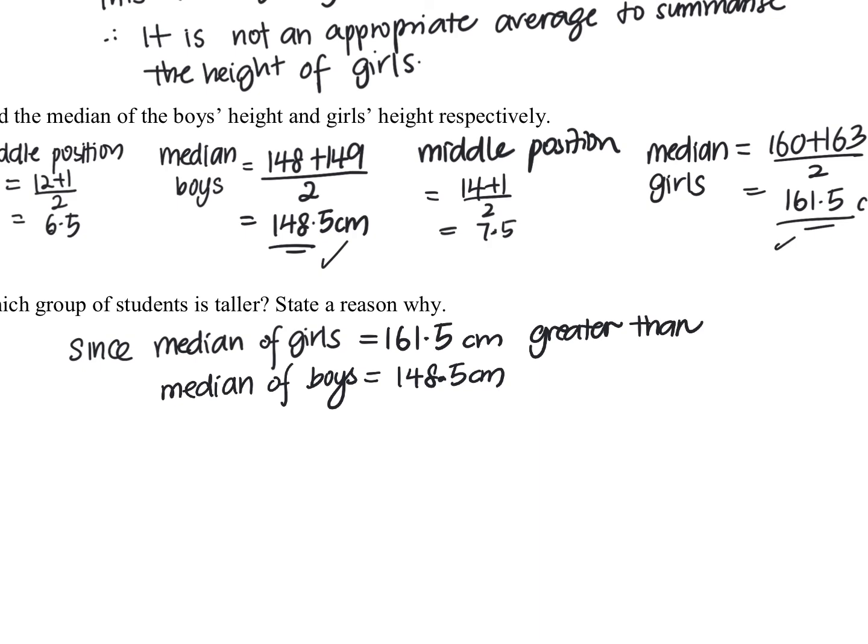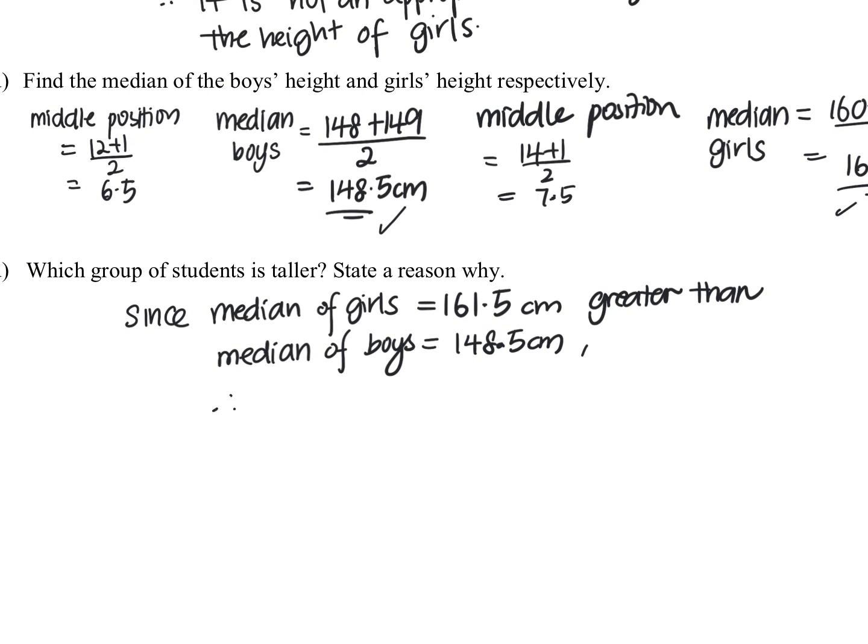Since this is true, which group of students is taller? Therefore, make a conclusion. Girls are taller. Not in general that girls are taller, but in this group of data, the girls are taller.